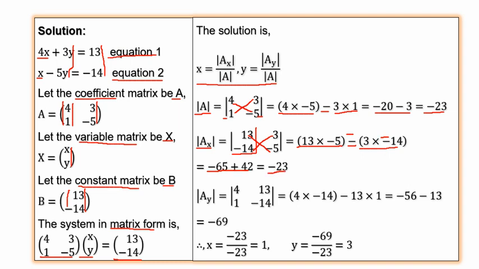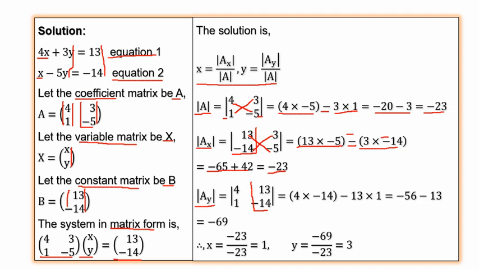Next is the determinant of A sub y. In the same approach, if you go to the coefficient matrix, you replace the y column, 3, minus 5, with the constant matrix. So this is the y column. It has been replaced with 13 and minus 14.